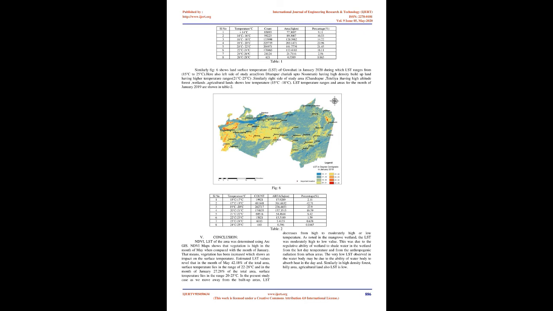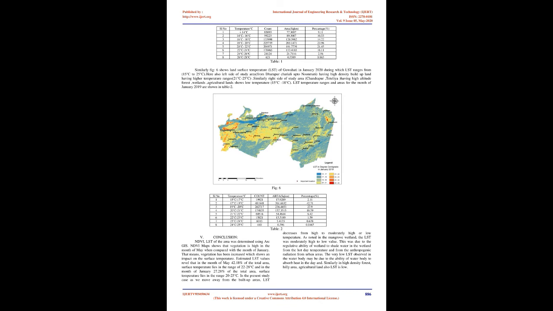It is observed that the left part of the study area, from the Virchariali side nearby Guwahati Airport to Nunmati on the other side, and Beltala on the southern side, exhibits high temperature mainly due to high density built-up land. As the central part of the city has high altitude hilly areas, temperature falls in some parts due to altitude variation.